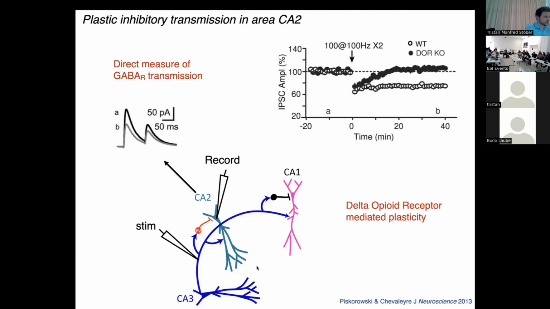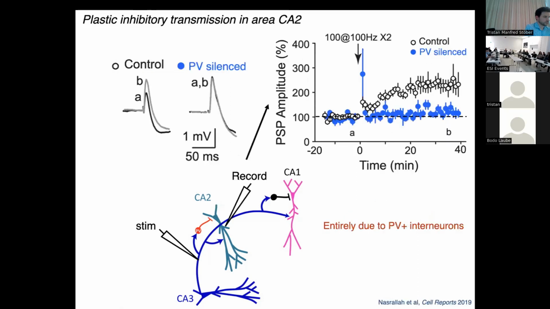Enkephalins are released when you excite these CA3 inputs, activating delta opioid receptors presynaptically and preventing GABA transmission. We then determined, without going into details, that this plasticity is entirely due to the parvalbumin interneuron network in area CA2.